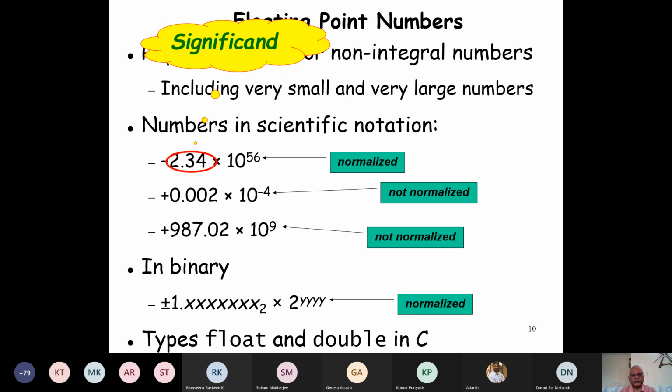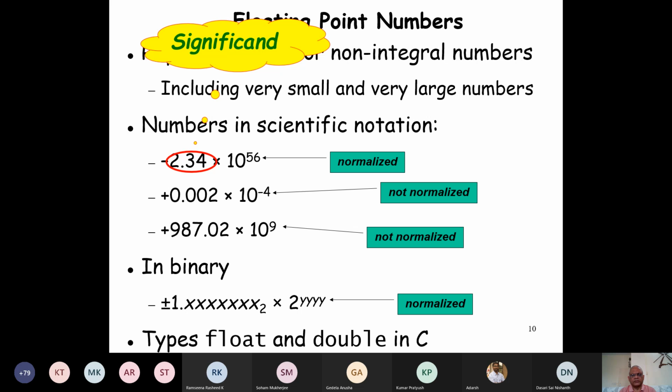Minus 2.34 times 10 to the power 56, and 2.34 is called the significand. 0.0022 is the significand, times 10 to the power minus 4. 98702.1 times 10 to the power 9, and here 98702.1 is the significand. And in binary, we might write 1 point some bits, times 2 to the power something.